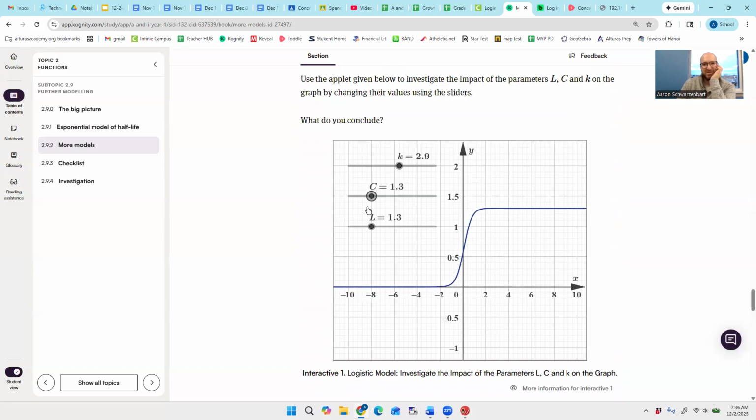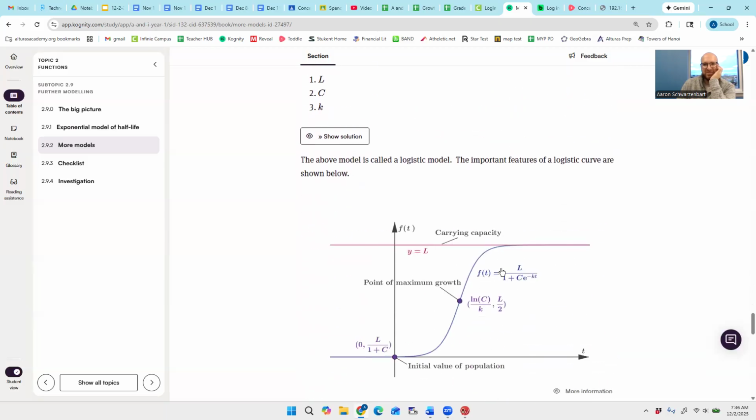But I know you don't want to go to 0 because it'll get rid of that whole term. But C is going to shift it left to right mostly. And K is going to affect how steeply it grows. So this is affecting the steepness of the growth, basically how strong is the exponential.